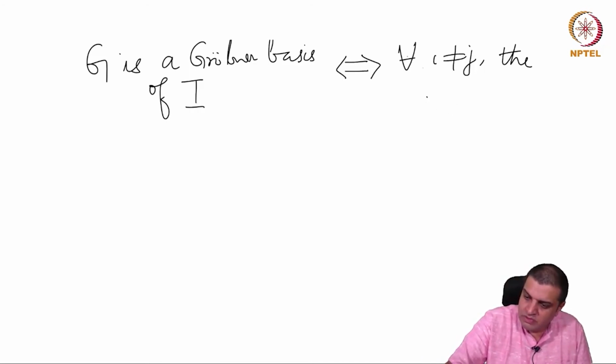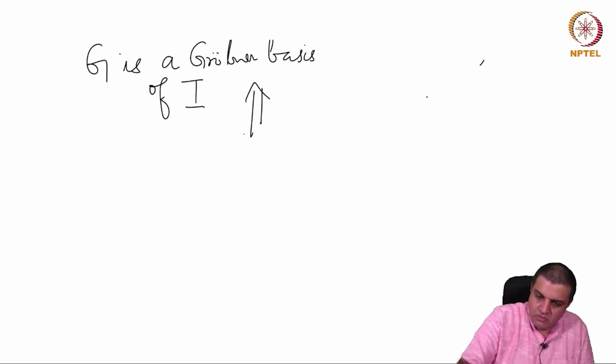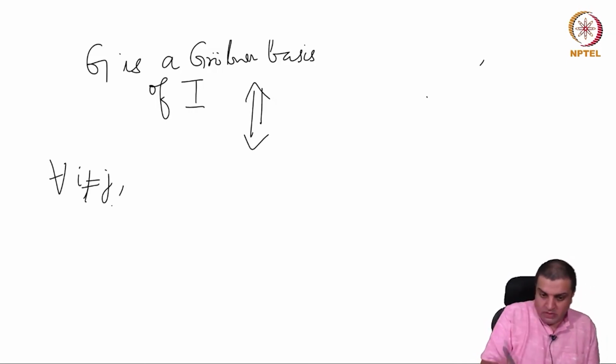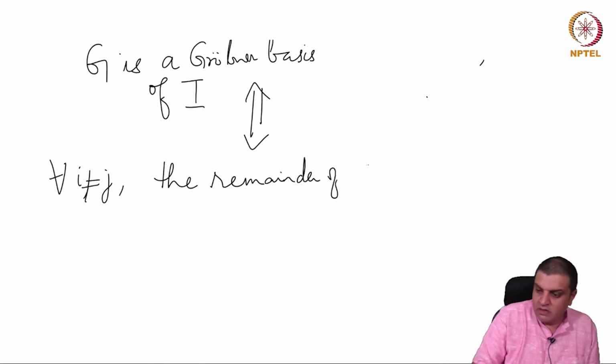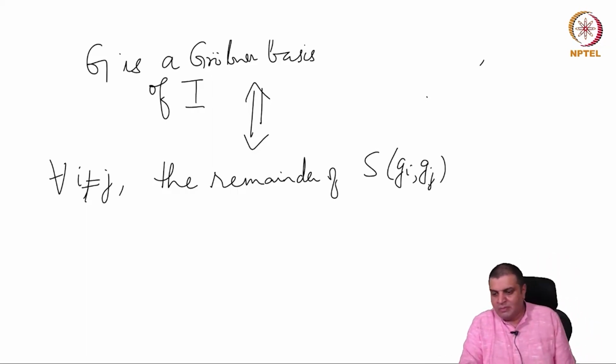For all i different from j, we take the S-polynomial of gi and gj, where we appropriately multiply gi and gj and take the difference to cancel the leading term.